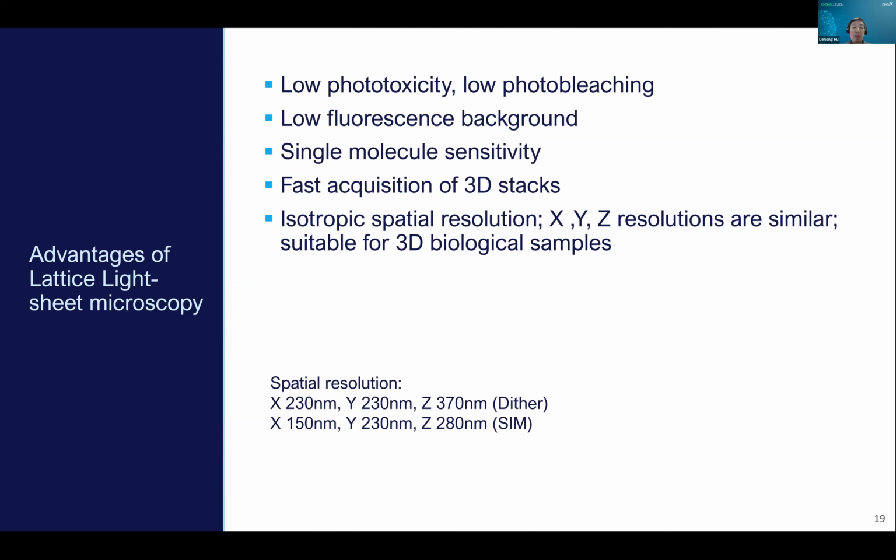Also, it uses a camera to take one image, so the speed is faster than laser scanning confocal. Also, it offers isotropic 3D resolution, meaning X and Z resolution are similar, not like the confocal microscope. The XY resolution is good, but the Z resolution is worse.